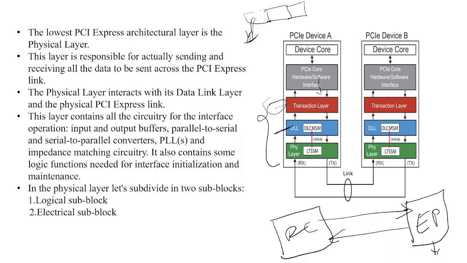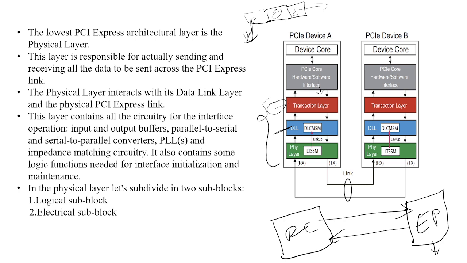The header indicates the data payload. ECRC will protect this packet: if any changes happen from the transmitter to the receiver, it will detect that error.